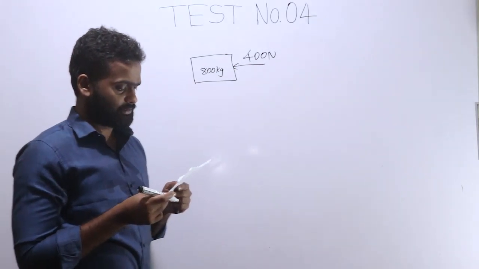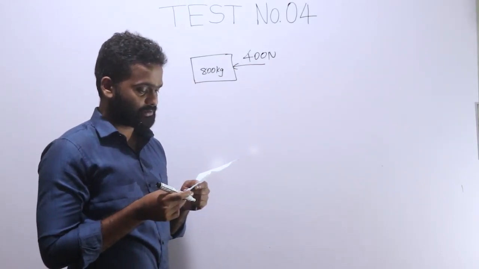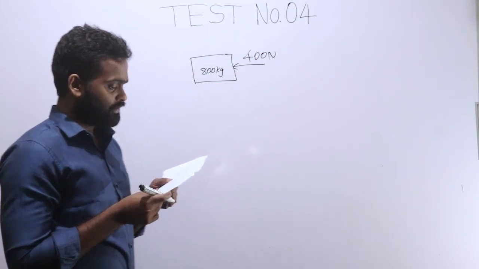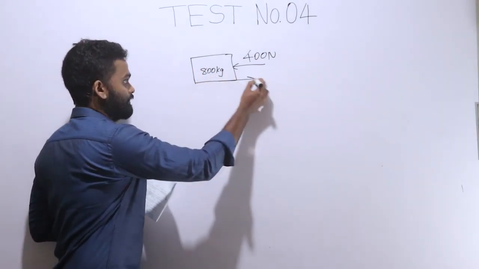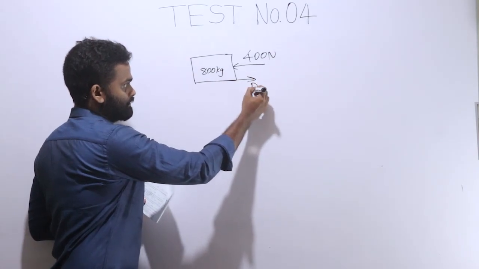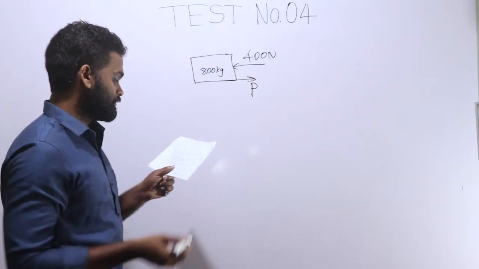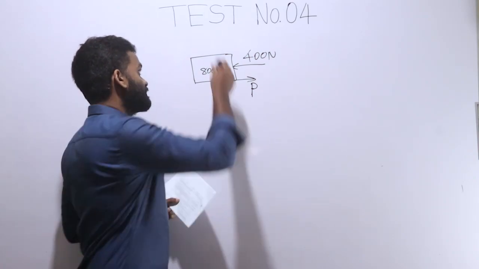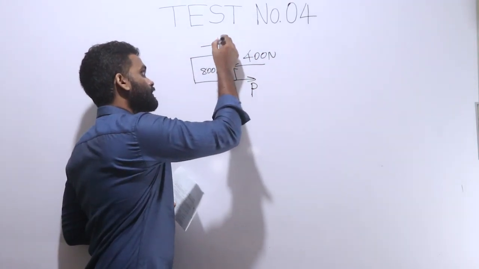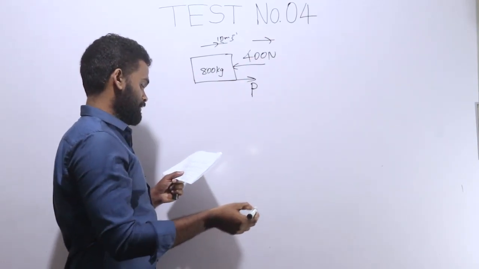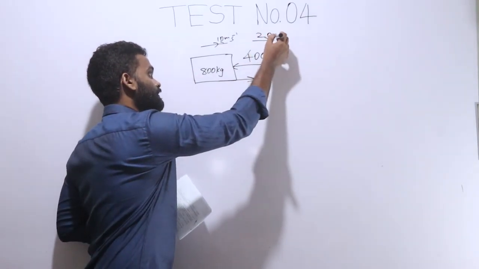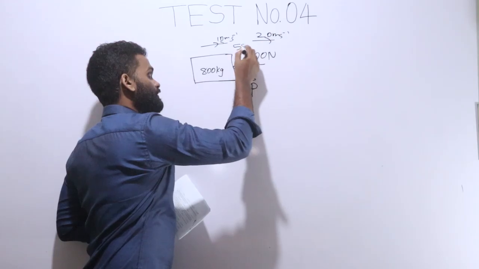What they ask is the driving force required to accelerate. Let's say the driving force required is P. The vehicle needs to be accelerated from 10 meters per second to 20 meters per second within 5 seconds.